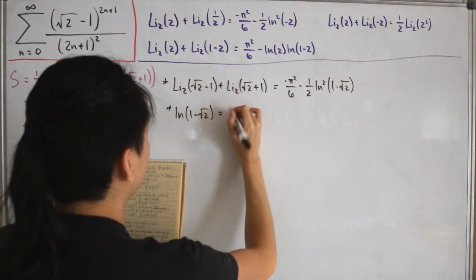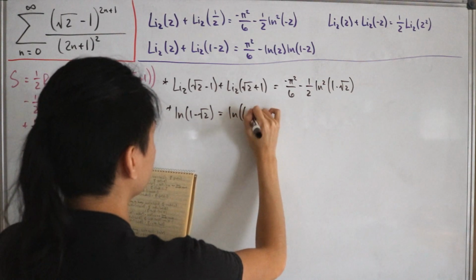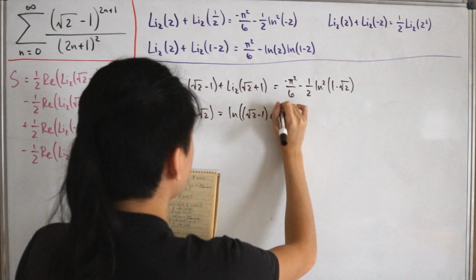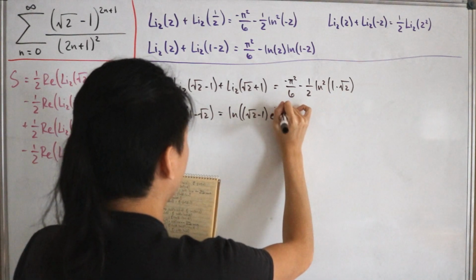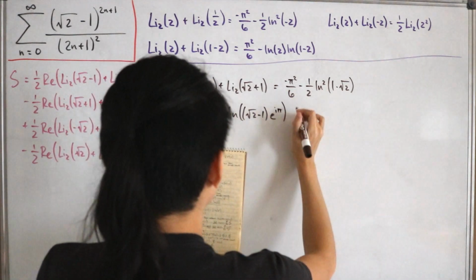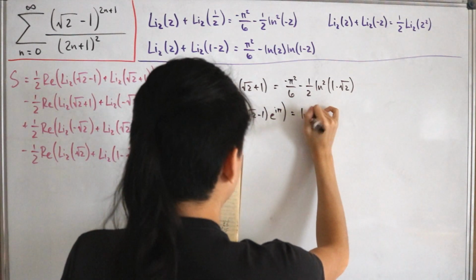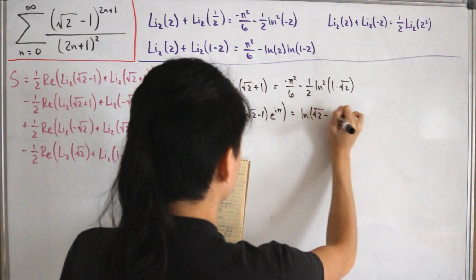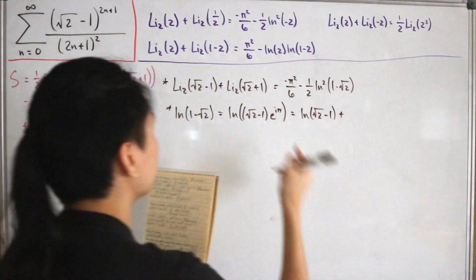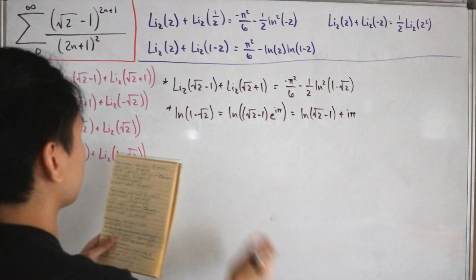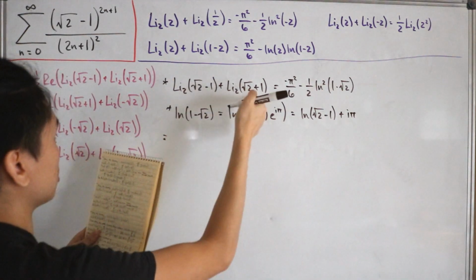And so rewriting this, I have the ln of the square root of 2 minus 1, multiplied with the principal branch, so negative 1 is equal to e to the power I times pi. If we utilize some natural log properties, this is the natural log of the square root of 2 minus 1, added with ln of e to the I pi, which is just I times pi.